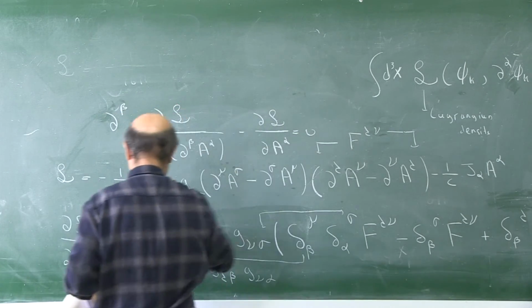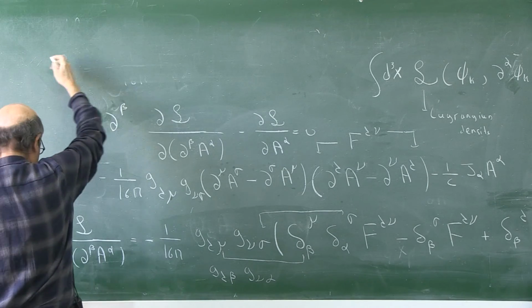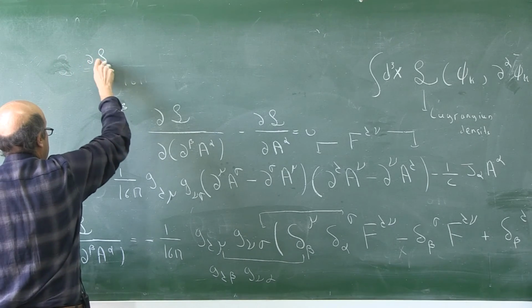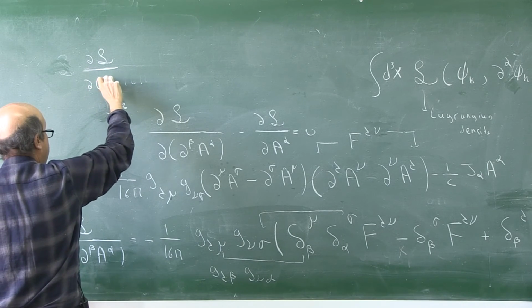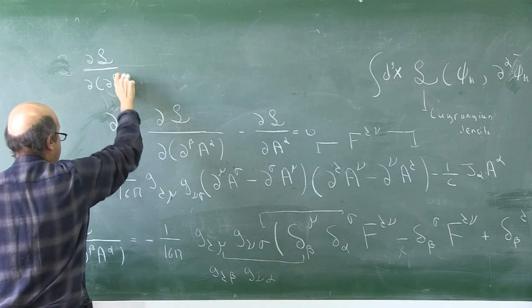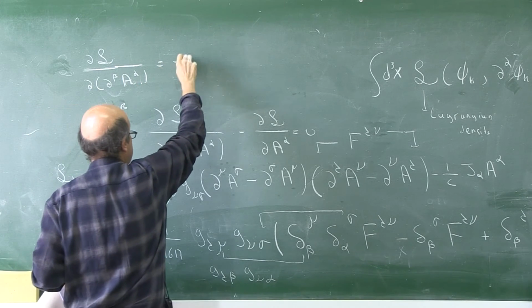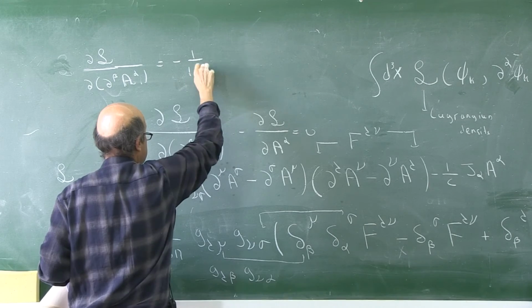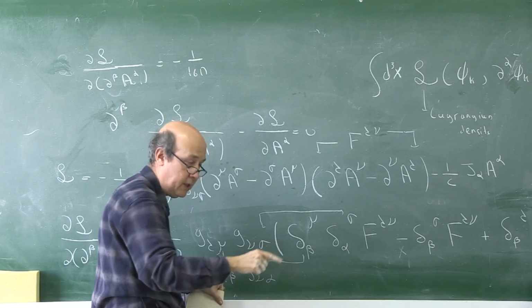So del Lagrangian density over del beta a alpha, we have minus 1 over 16 pi. Now tell me what will happen to the f.